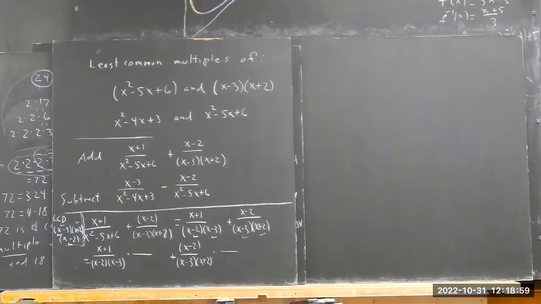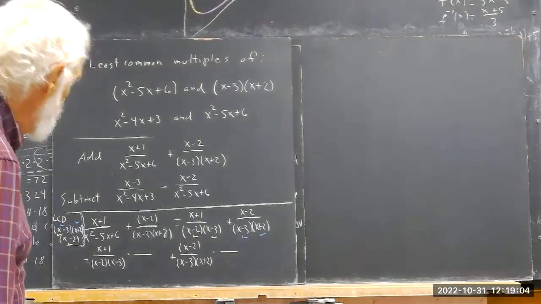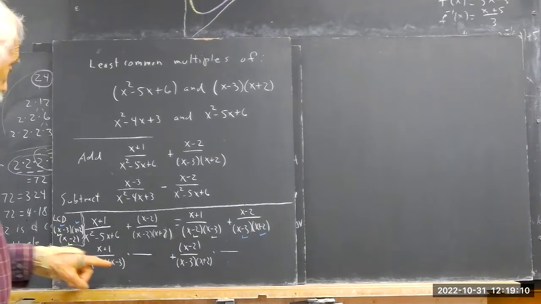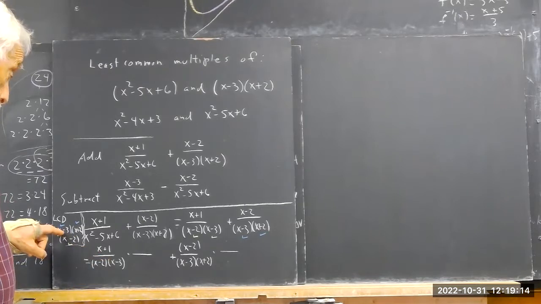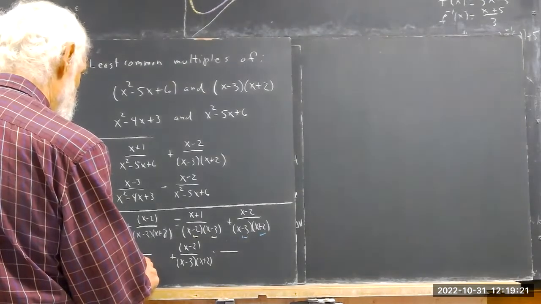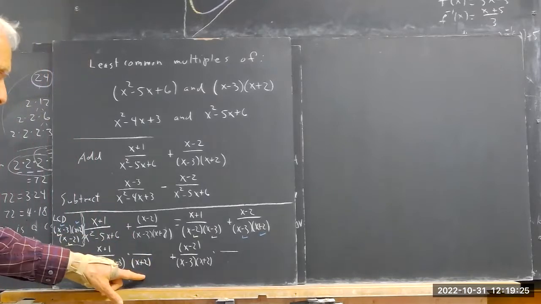Okay. So what we have here is we're going to get this denominator. We have the x minus 2 and we have the x minus 3. We don't have the x plus 2. We need that x plus 2. So I have to have an x plus 2 here.